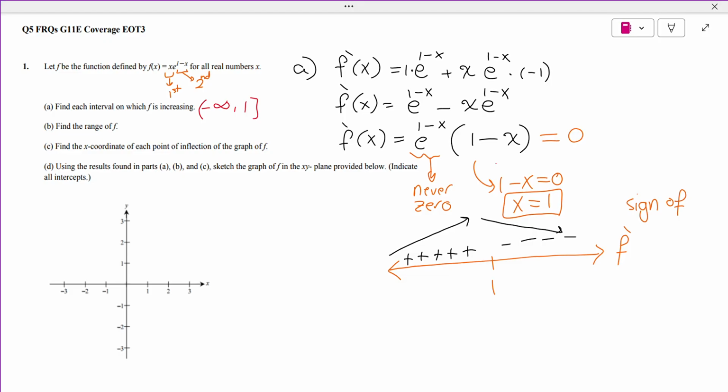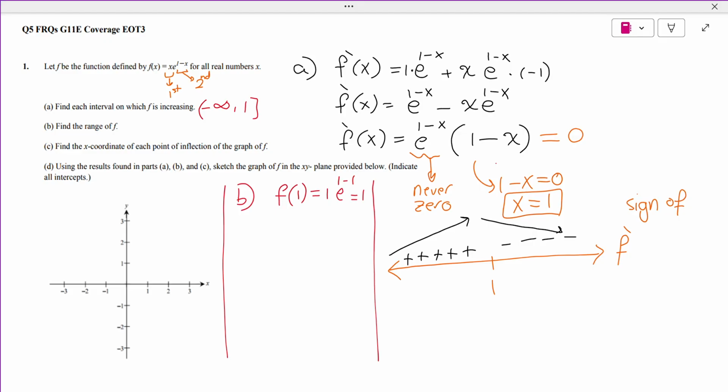That's part A. Okay, so looking at part B, it says find the range of f. This is pretty simple because the range is always associated with f of x or y. So the maximum value for f of x happens at 1, so we need f of 1. If you plug in 1, that would be e to the power of 1 minus 1, which is 1. So this is the highest value the function could ever have.